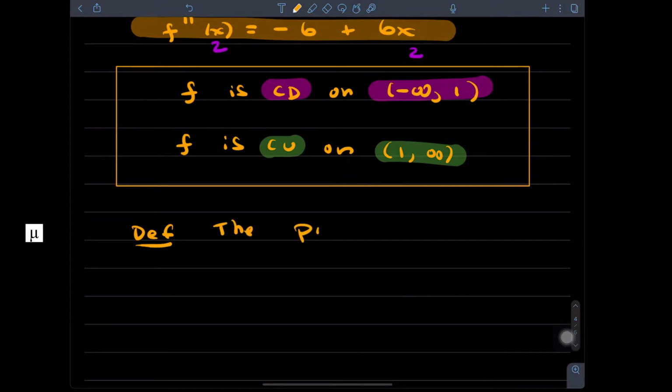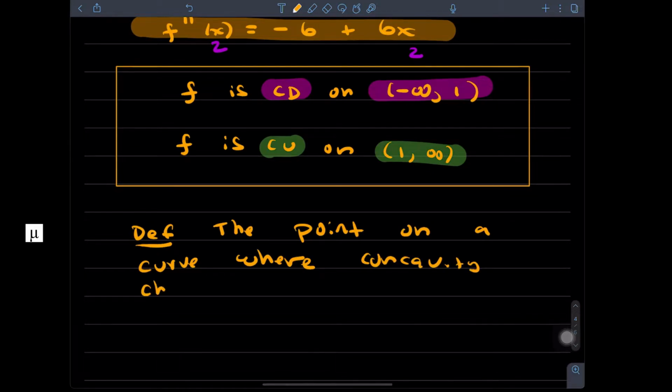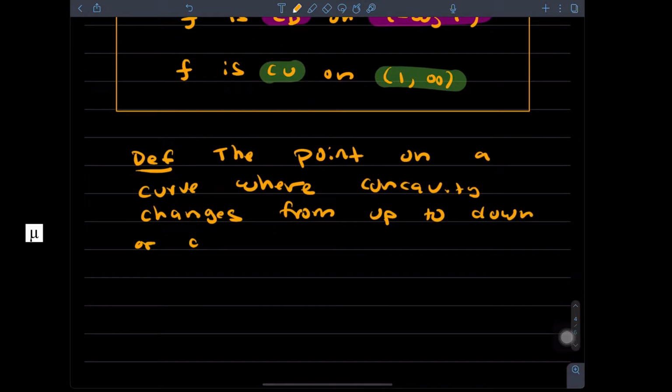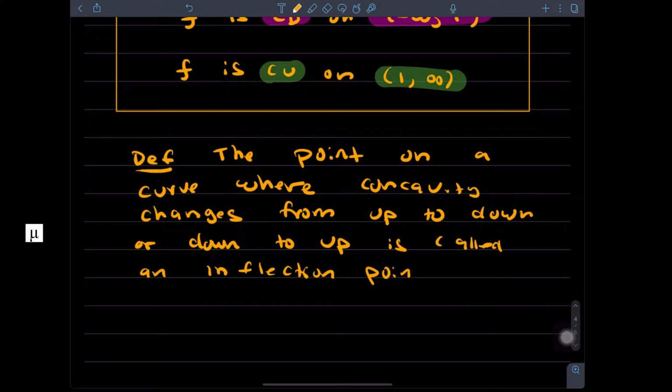The point on a curve where concavity changes from up to down or down to up is called an inflection point.